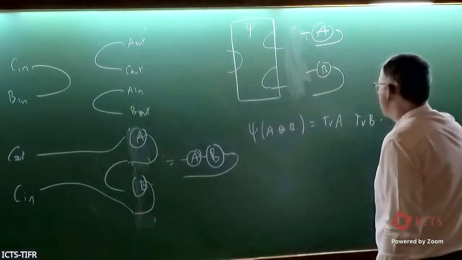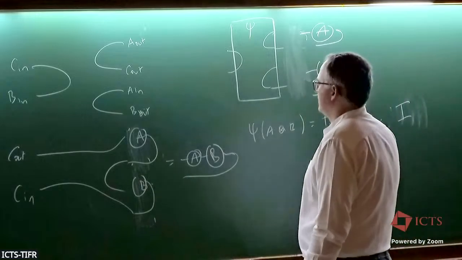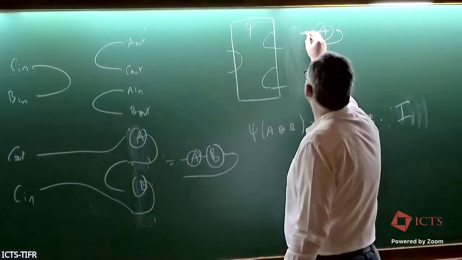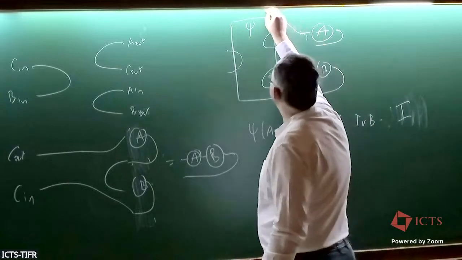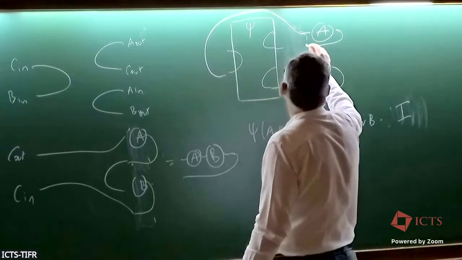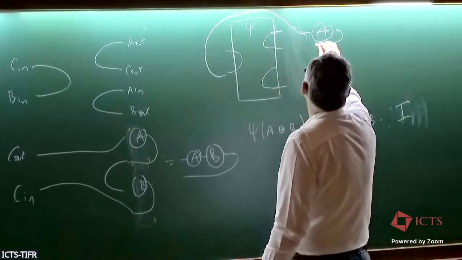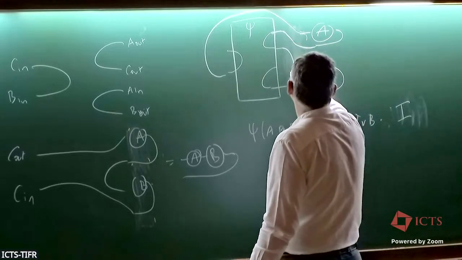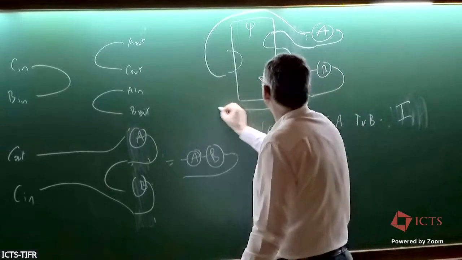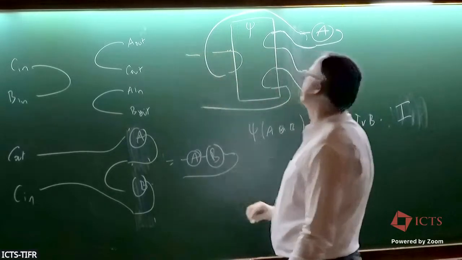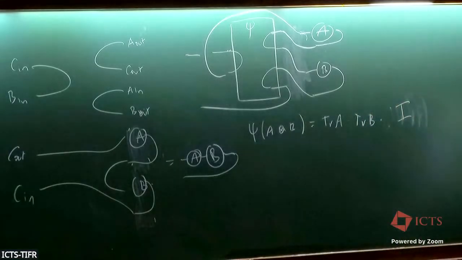So let's see. So this A should go here. This maybe should go here to do the product. The B should go here, and this should go here. Of course.